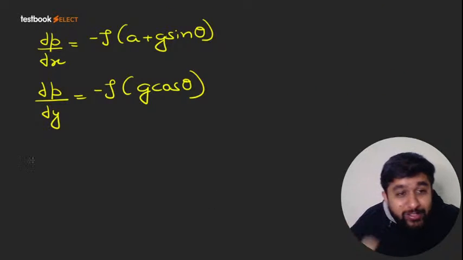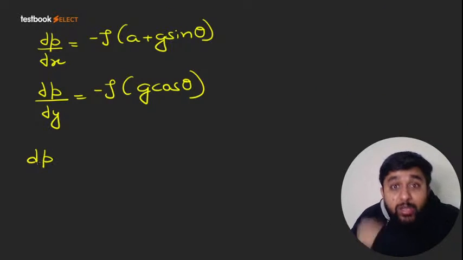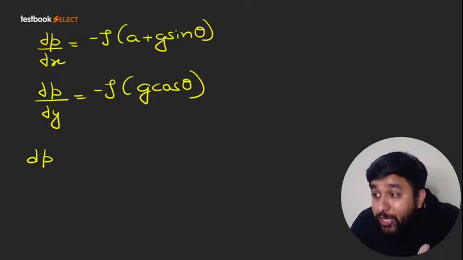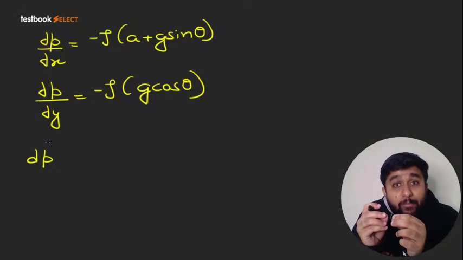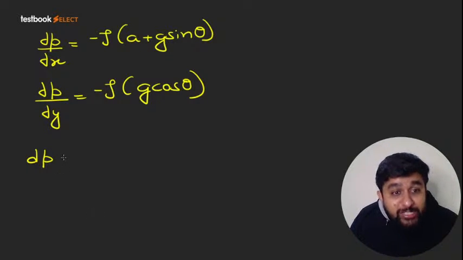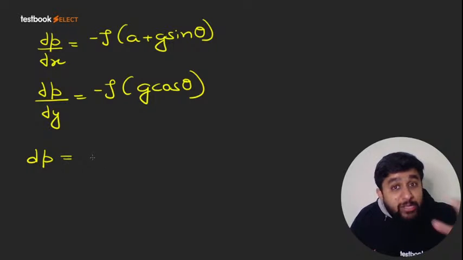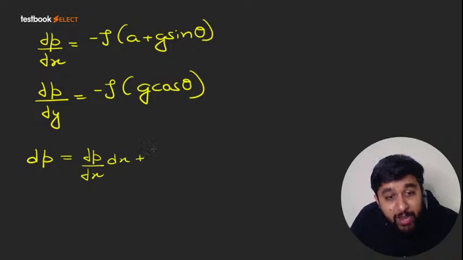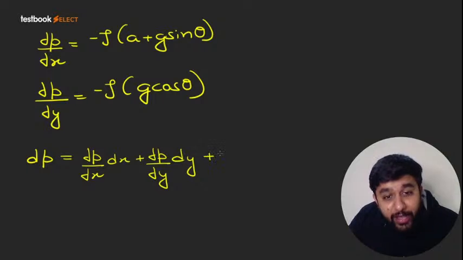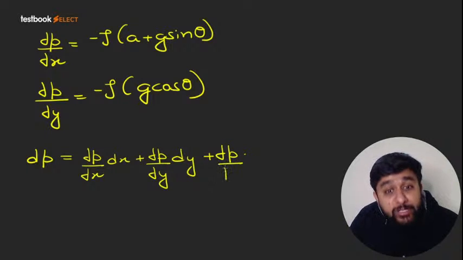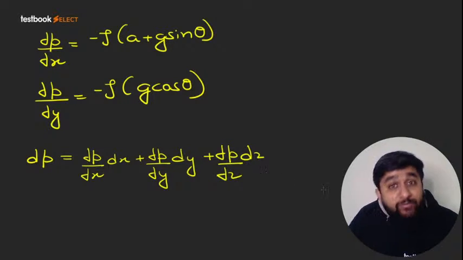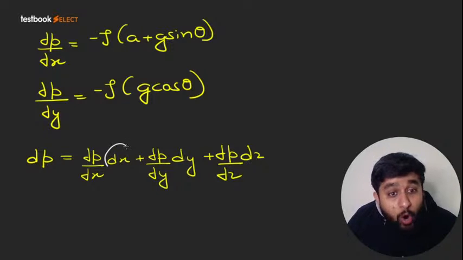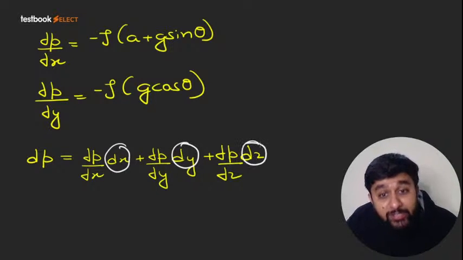So again you will say, sir, dP means the difference of pressure between two nearby points. अगर दो नियर बाय पॉइंट्स हैं तो उनका प्रेशर डिफरेंस कैसे लिखते हैं? dP लिखते हैं. मगर pressure is a function of x, y, z. So how do you write dP? It is del P by del X dx plus del P by del Y dy plus del P by del Z dz. है ना? This is how you write the pressure difference between two nearby points. Which nearby points? Whose coordinates differ by dx, dy and dz.